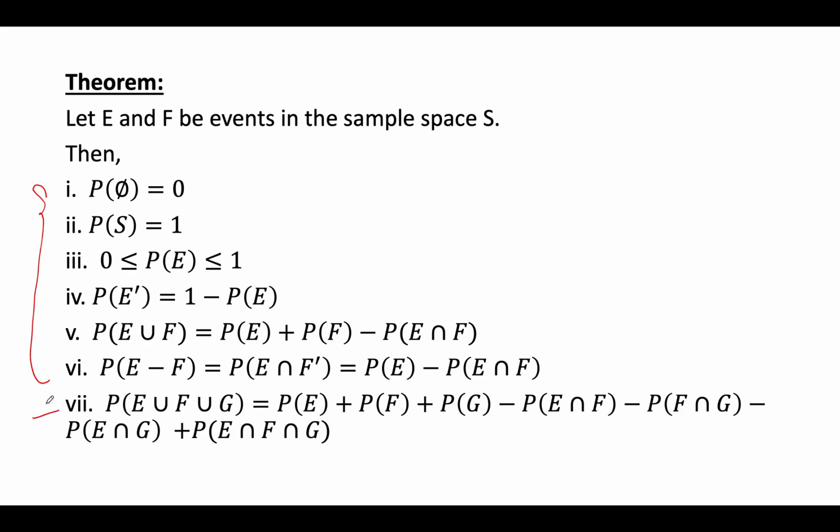Here we got one new theorem, which says that the union of more than 2 events is equal to the probability of first plus second plus third, minus the intersect between first and second, minus the intersect between second and third, minus the intersect between first and third, and plus the intersect between all of them. Okay, now all these theorems are not for memorizing, they're for using. The more you use them, the more they stick in your mind.